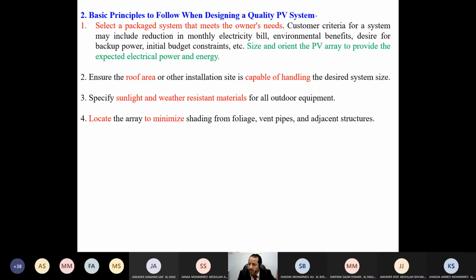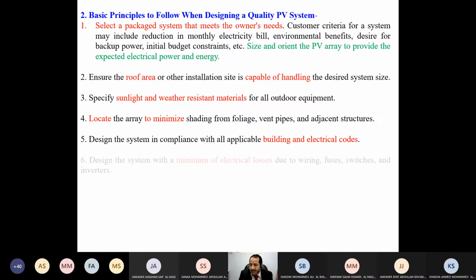We also want to make sure when we install the system that there is no shadow coming from nearby buildings or houses, or if I have trees, that they will not cast shadow on my system. Also, I need to follow the codes in the country.